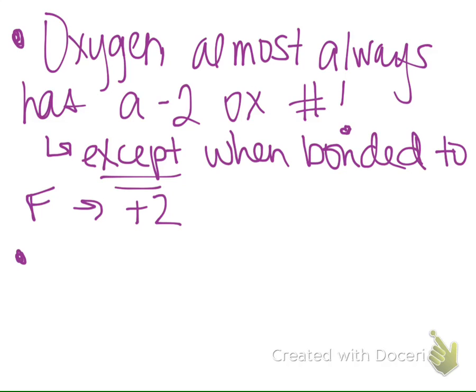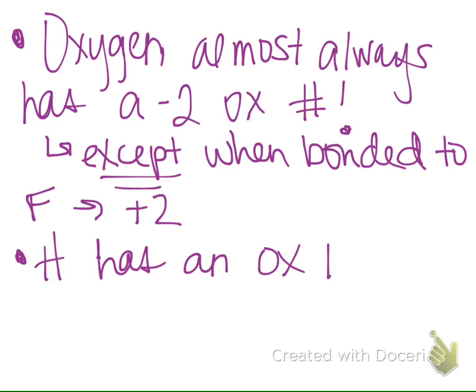Our last element that has a specific rule is hydrogen. Hydrogen has an oxidation number of +1. It's always a +1 if it's paired with an anion or with a non-metal.